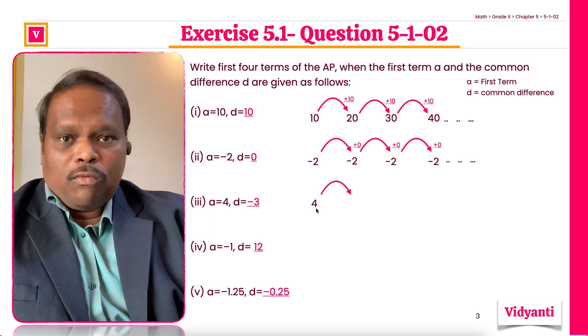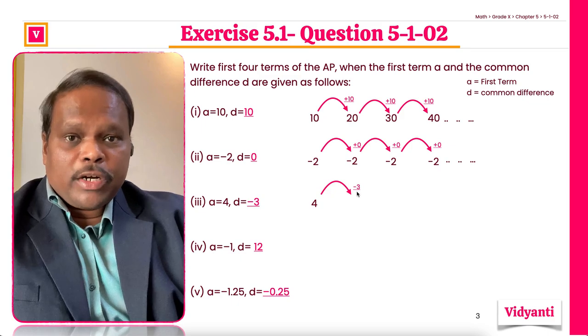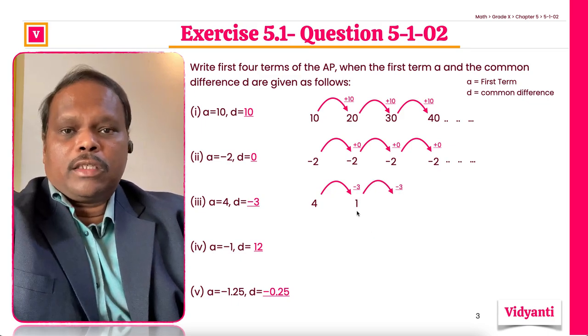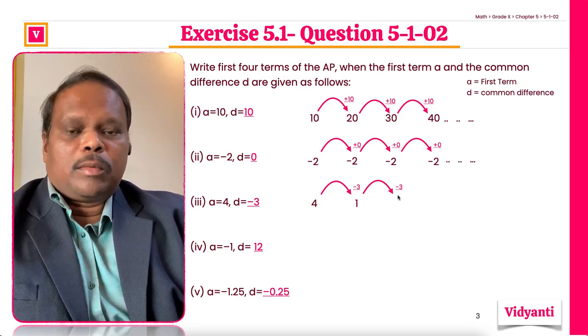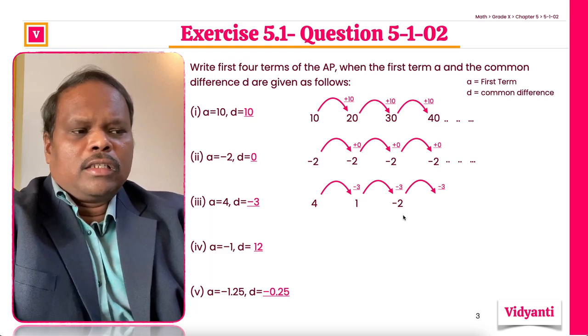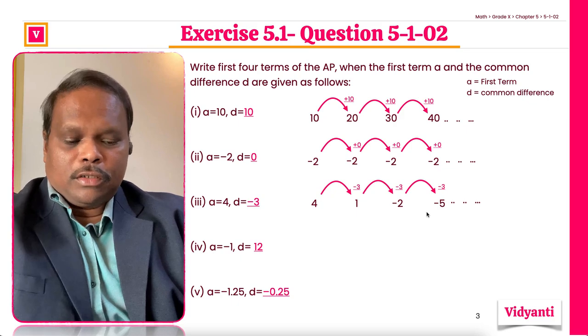The first term is 4, then you add -3. So technically you subtract 3, and your next term will be just 1. You repeat that process. You add -3, which is technically subtracting 3, and your subsequent term will be -2, and this goes on forever, and the first 4 terms are sufficient.